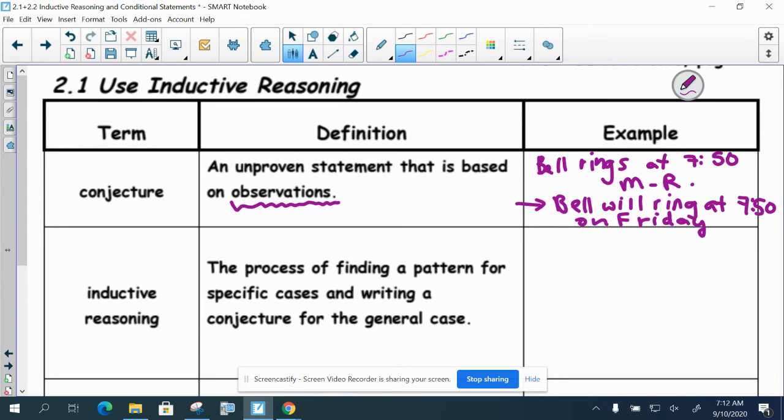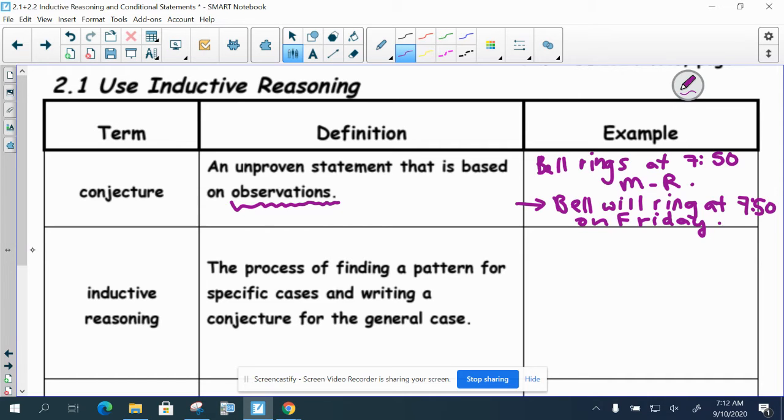Let's say this is the first week of school. You found that the bell rings at 7:50 Monday through Thursday. So you're going to assume, even though it hasn't actually happened yet, so you haven't proved that it's actually true, that the bell will ring at 7:50 on Friday. You could ask your teacher to prove that it's true, but if you're just making an observation, you're going to assume that the bell will ring at 7:50 on Friday.